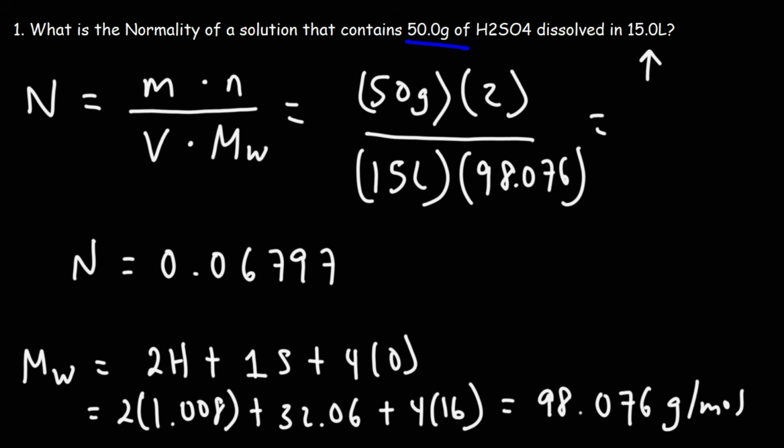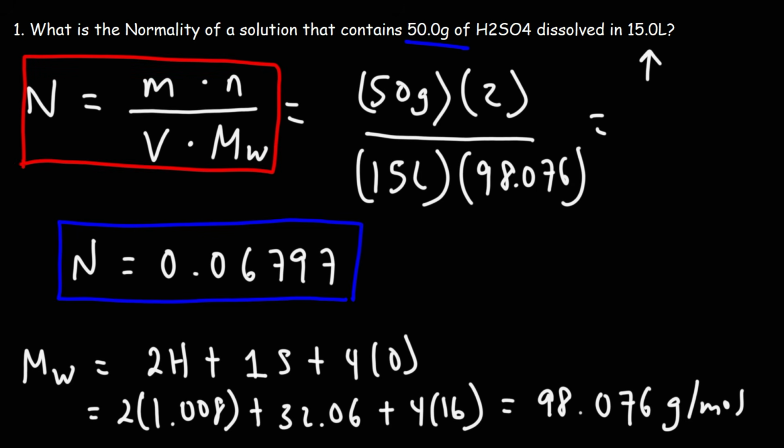And of course, you could verify this answer with my older video that I've created. You'll see this exact problem just done in a different, longer way. But that's how you can calculate the normality of a solution directly by using this particular formula.